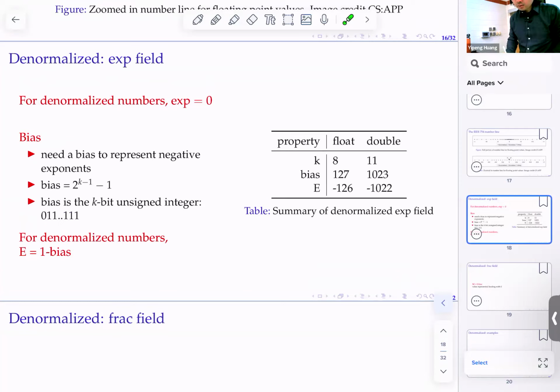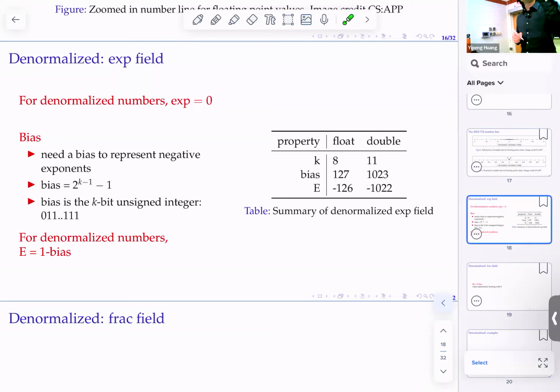When we're talking about denormalized numbers, the exponent is going to be treated simply as 1 minus bias. How is this different from before? For normalized numbers, what was the rule for encoding the exponent capital E using the EXP field?